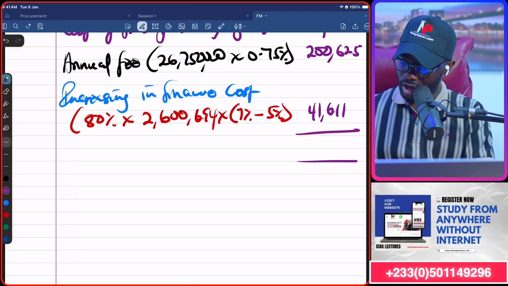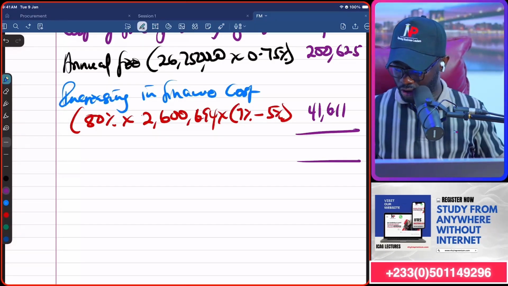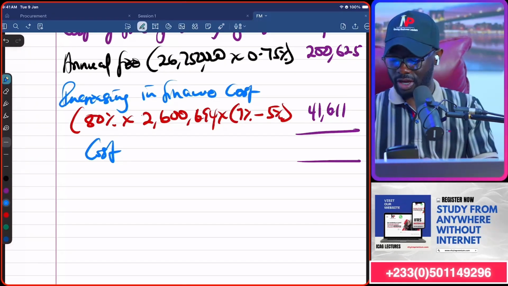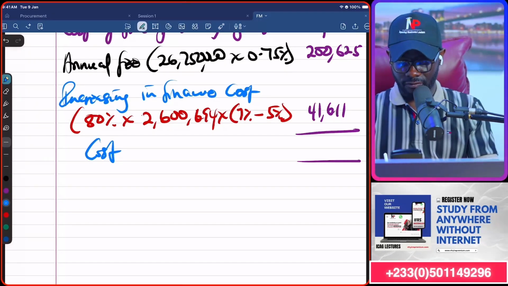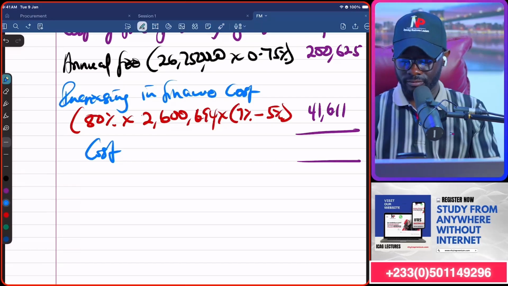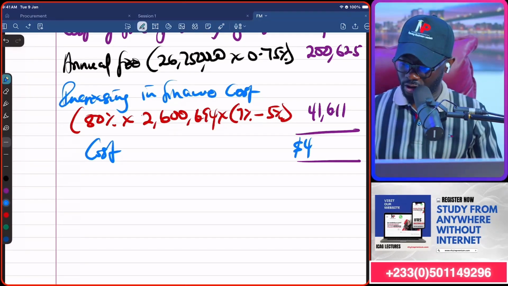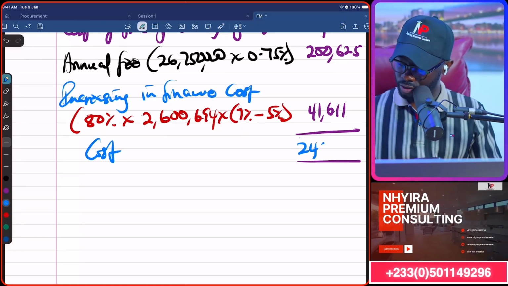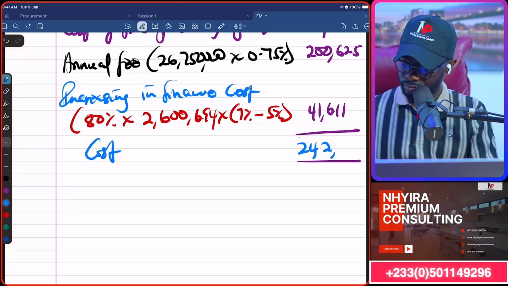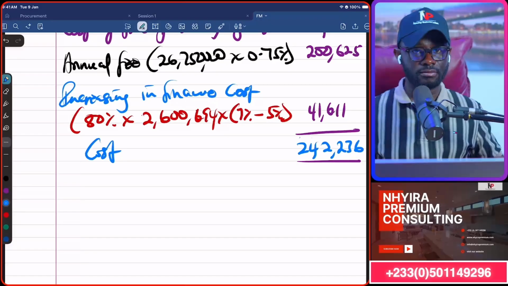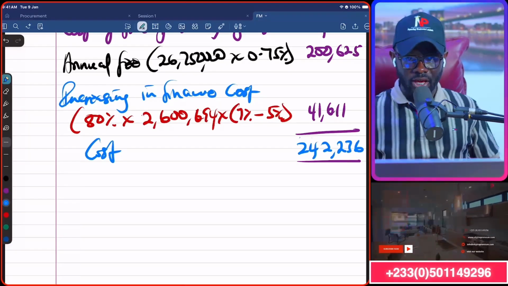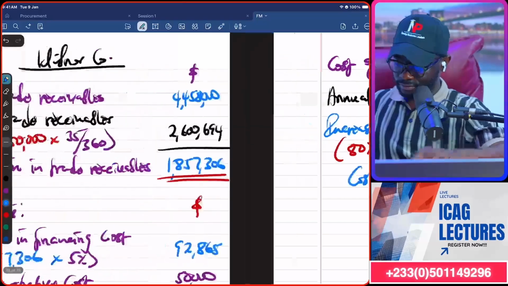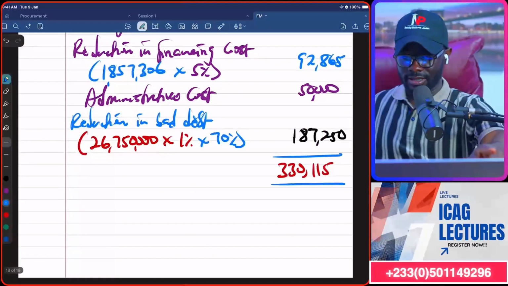41,611. So at the end, the total cost of our agent is 200,625 plus 41,611. And that is 242,236. So if you check, bringing in the agent will cost us this amount, but the benefit we are getting is that amount.